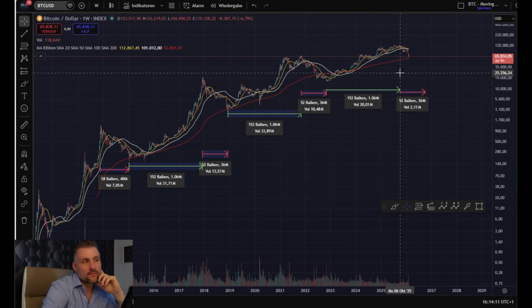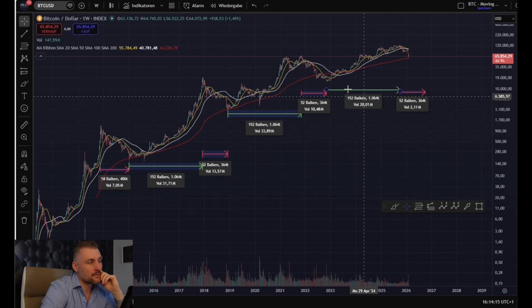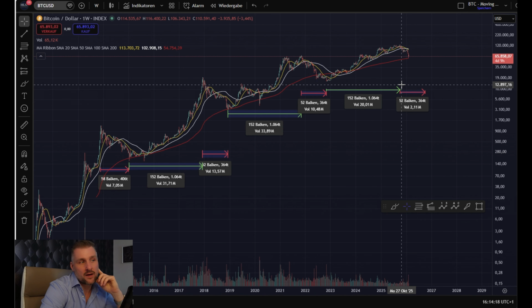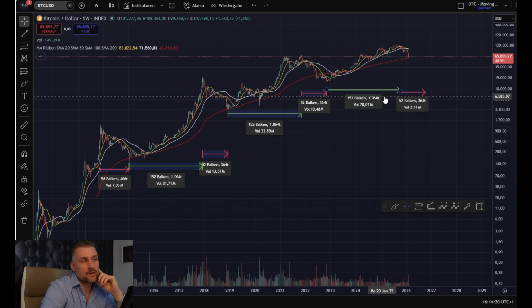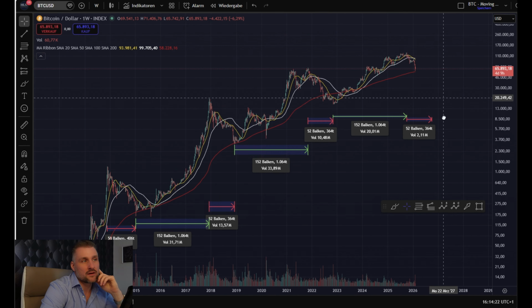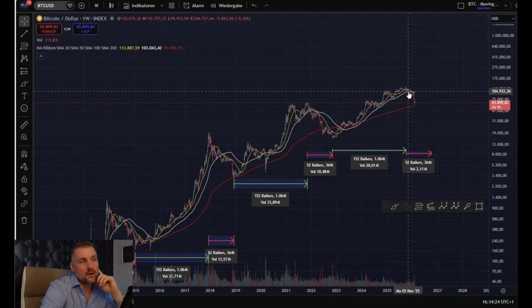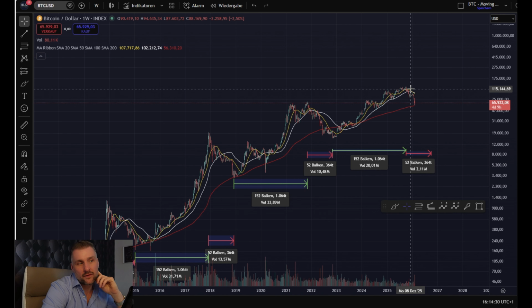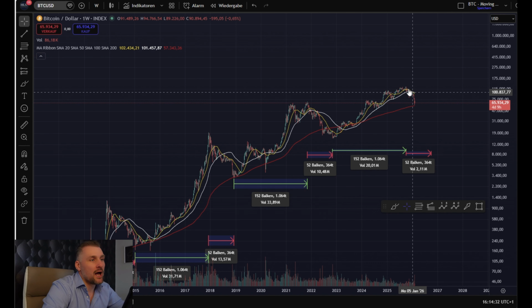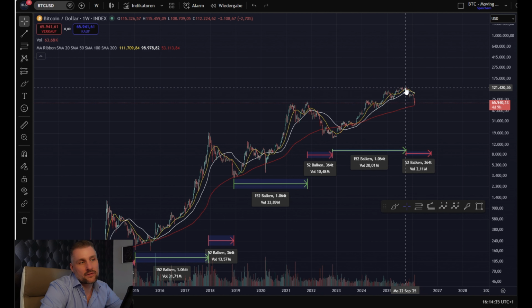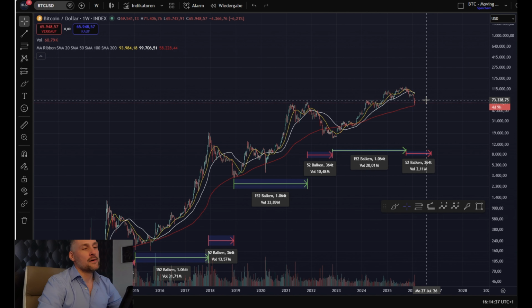On the one hand, we have here the length where this is probably the third time that we ended up after 152 weeks. Then we got the crossover of the 50-week moving average, and additionally the crossover of the 20-week moving average to the 50-week moving average, and now coming down in a corrective behavior.